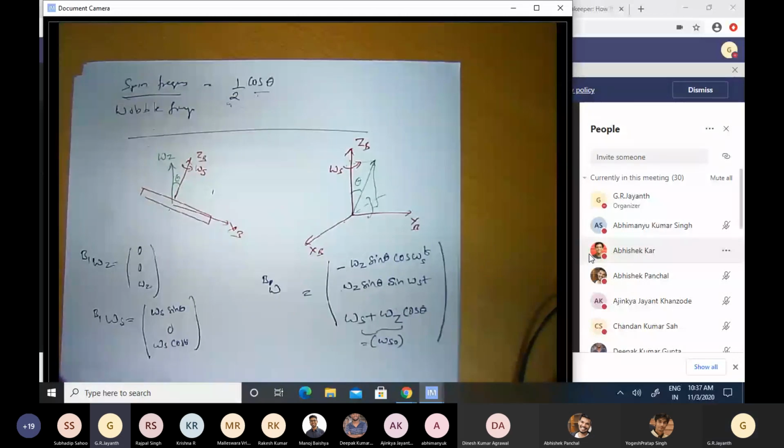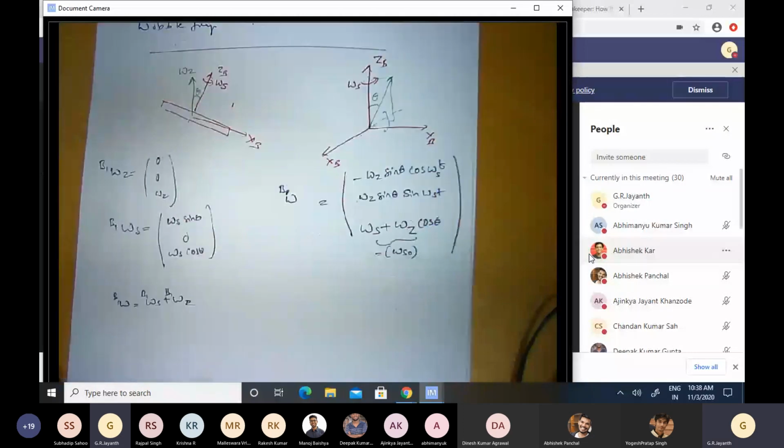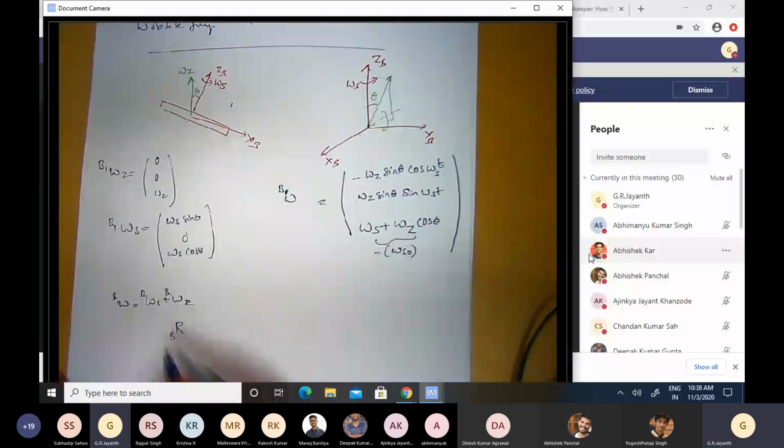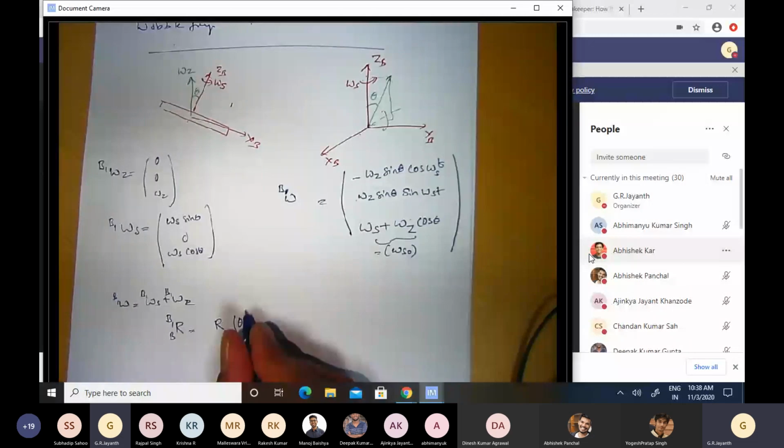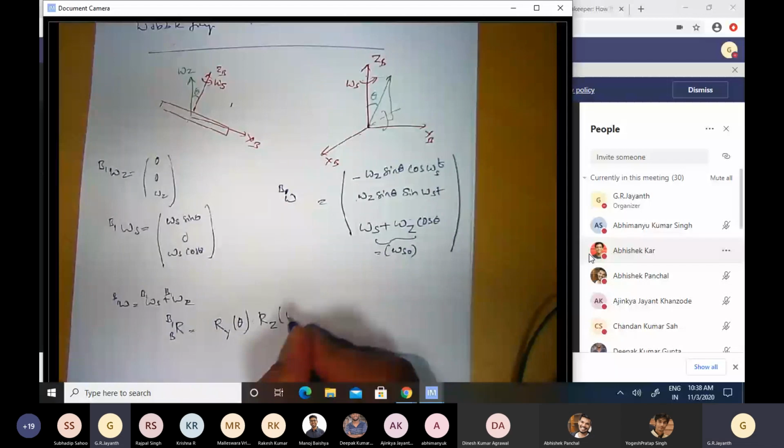Now we note that the B frame and the B1 frame are related by a rotation matrix. The orientation of B relative to B1 is given by the rotation matrix about the y-axis by an angle theta times a rotation matrix about the z-axis by an angle omega s t. We use this to represent omega in the B frame.